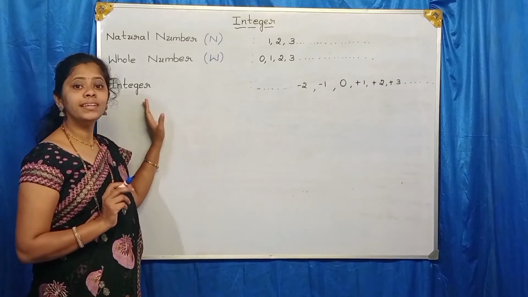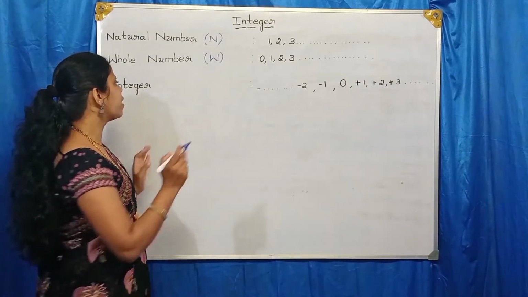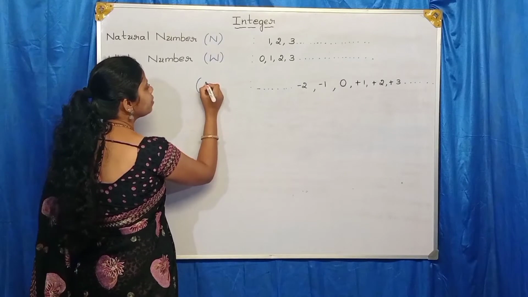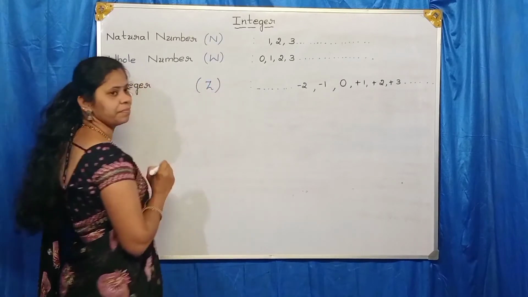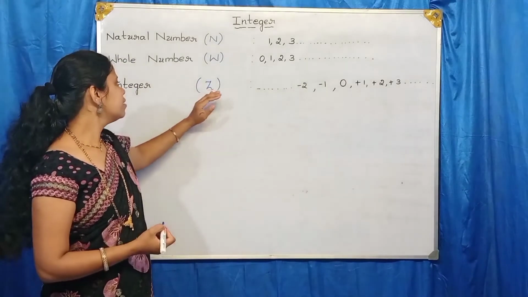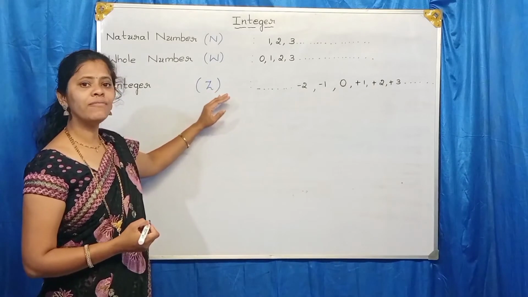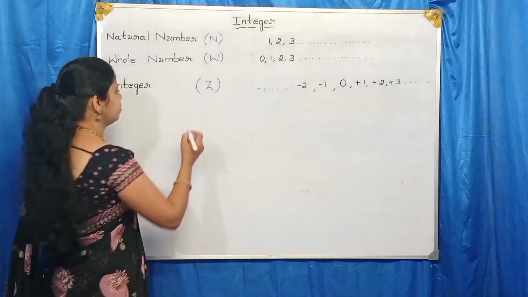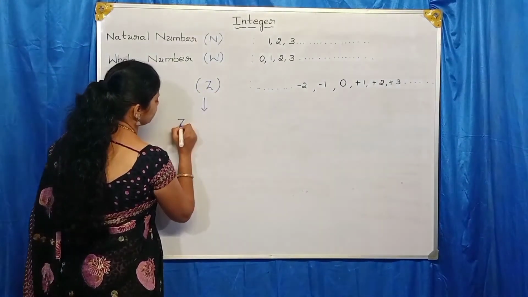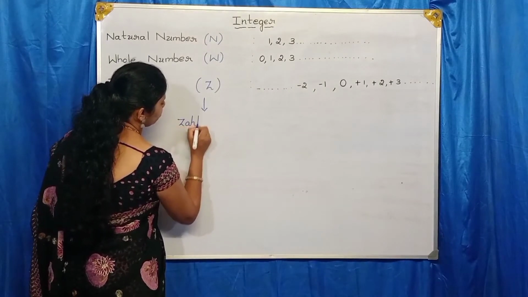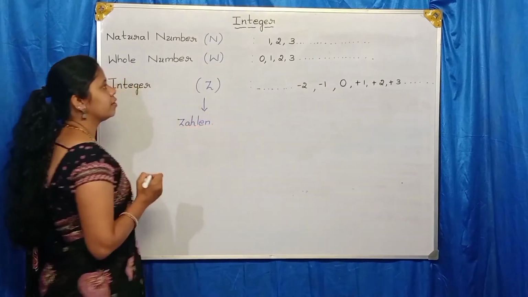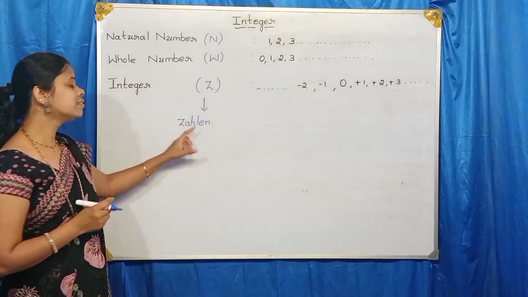And the set of integers is represented by a capital letter Z. And Z came from the word Zahlen. Zahlen is a German word.